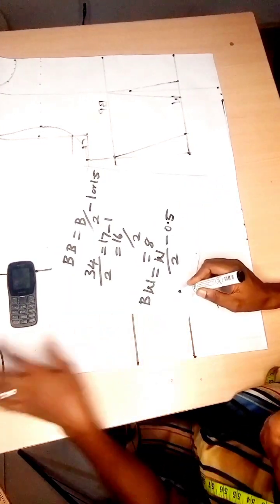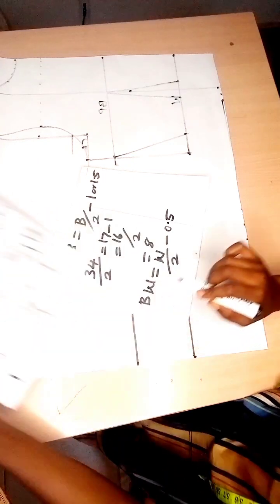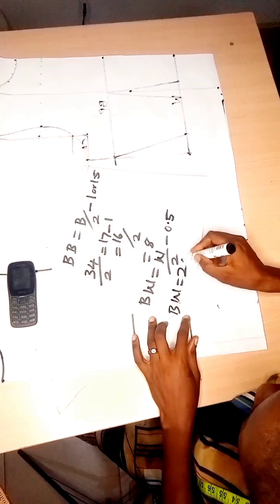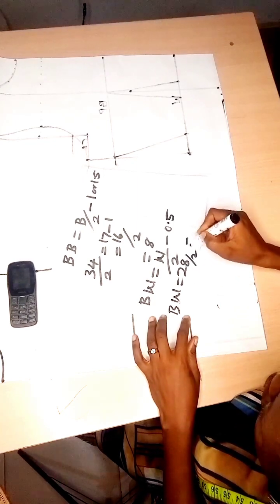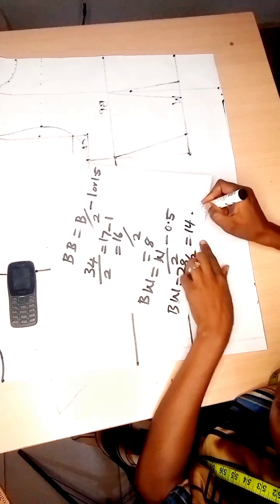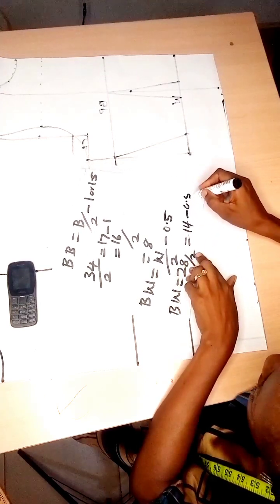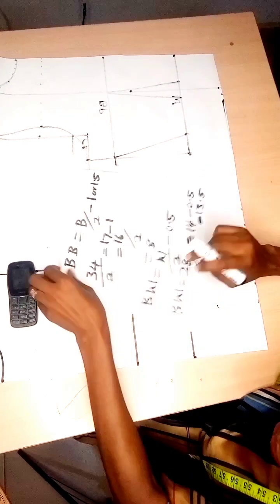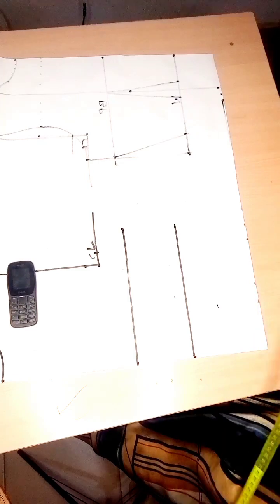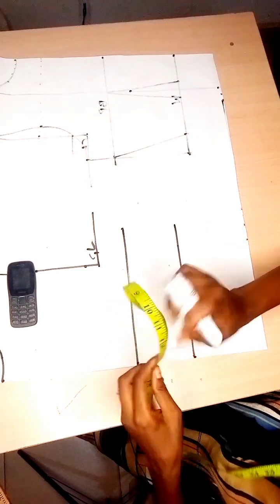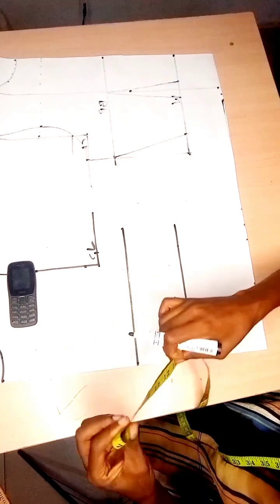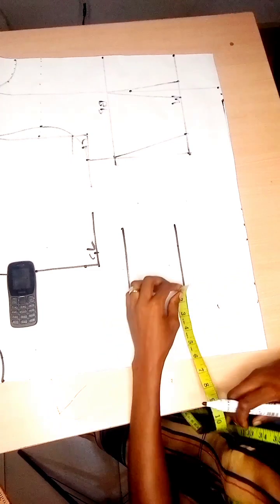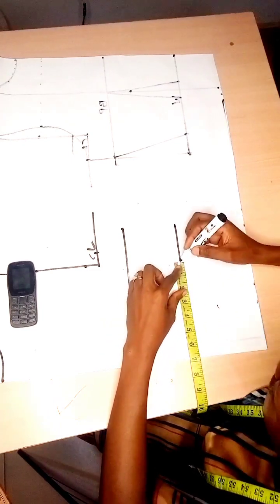Our waist is 28 inches, so BW is 28 divided by 2, which gives us 14, minus 0.5, which gives us 13.5. 13.5 divided by 2, we have 6.75. So we are imputing our 6.75 like so.